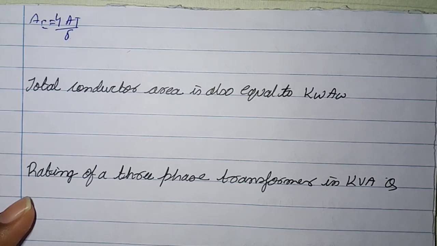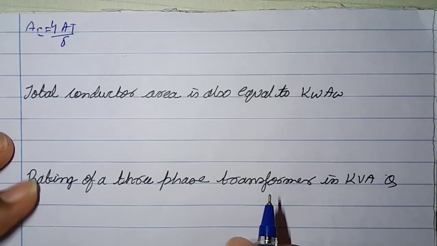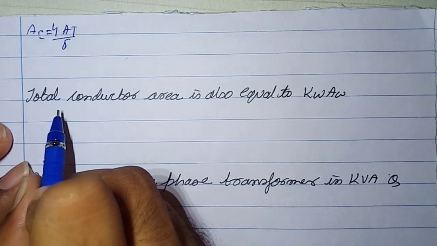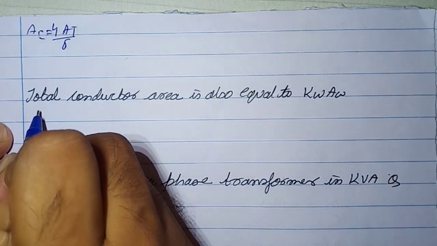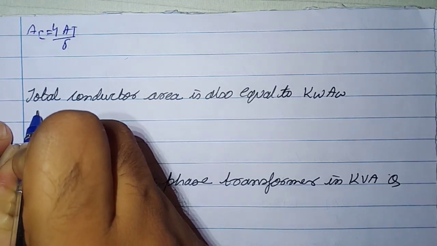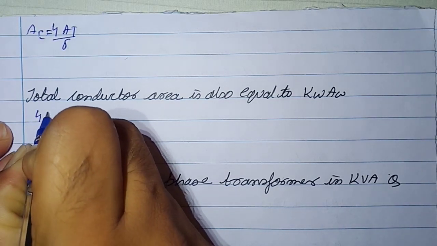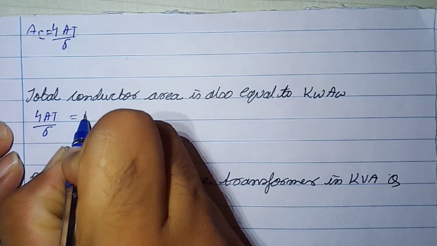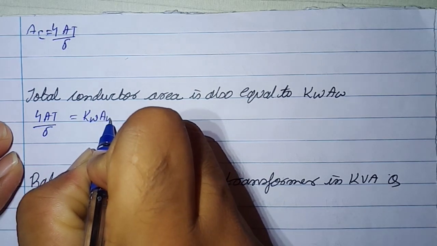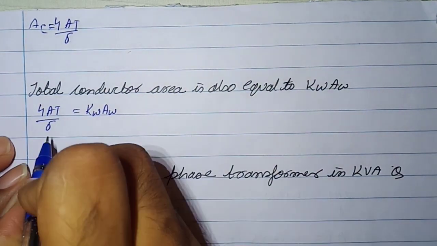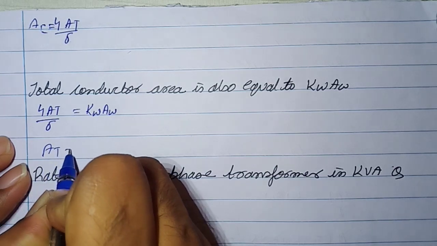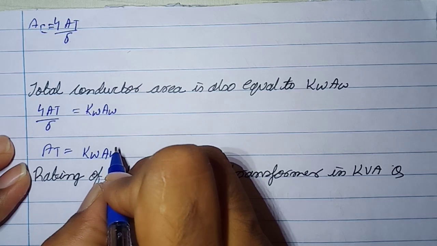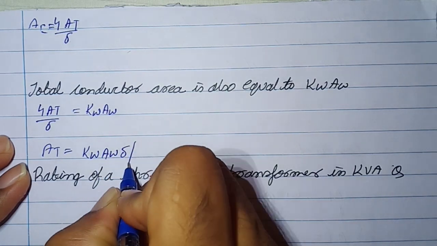Next, the total conductor area, 4 times AT by delta, will be equal to KW AW, or AT is equal to KW AW delta whole divided by 4.